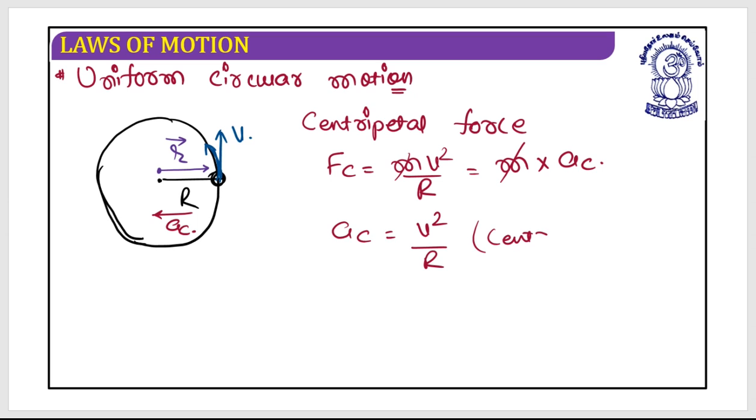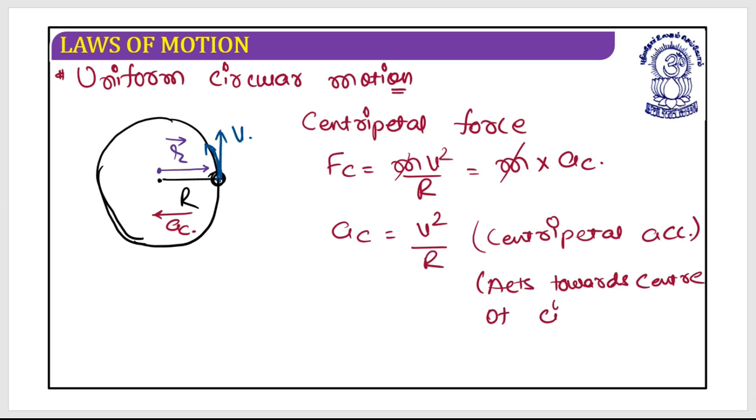Centripetal acceleration acts towards the center of the circle. Is it clear? This is uniform circular motion, because you need to change the direction of the particle at each and every instant. And when you need to change the direction of the particle at every instant, a certain force is required to change the direction, and that force is centripetal force.